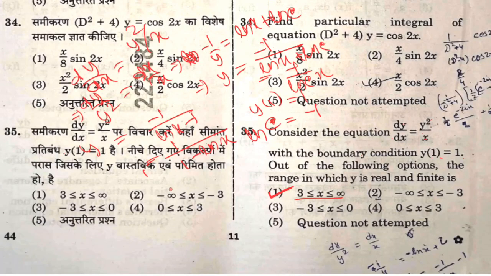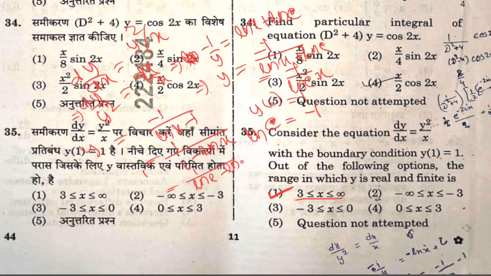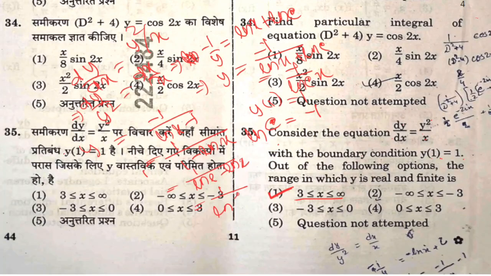Again you can write 1 as ln e, so ln e minus ln x, that is equal to 1 by ln e by x.